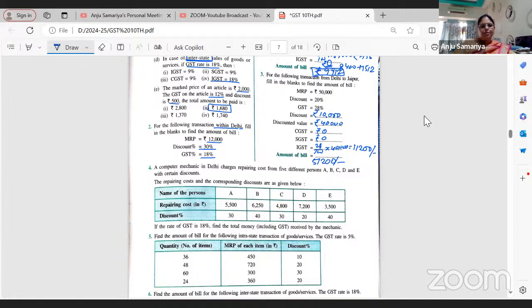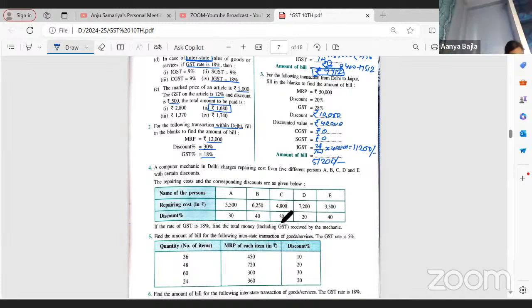So now question number 4 is your homework. You will find the individual values for A, B, C, D. A's cost price and repairing cost is this, 30% discount, then the discounted price, and 18% tax on top of it. 30% of 5,500, you subtract it and get the discounted price. Then calculate 18% tax on it.